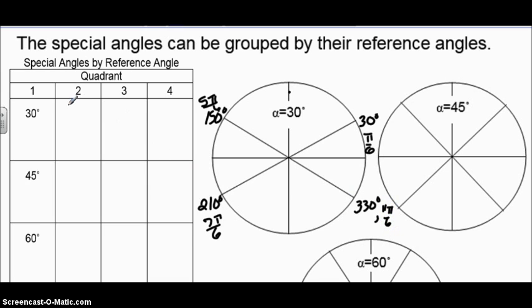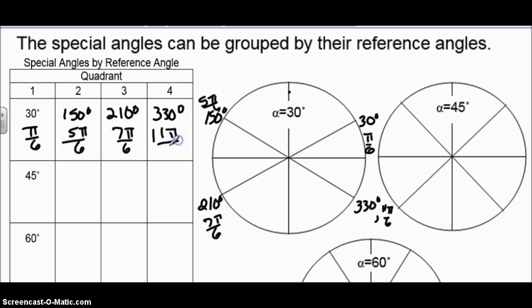So we want to fill those into our table. We have 150 degrees, 210 degrees, and 330 degrees, and pi over 6, 5 pi over 6, 7 pi over 6, and 11 pi over 6.